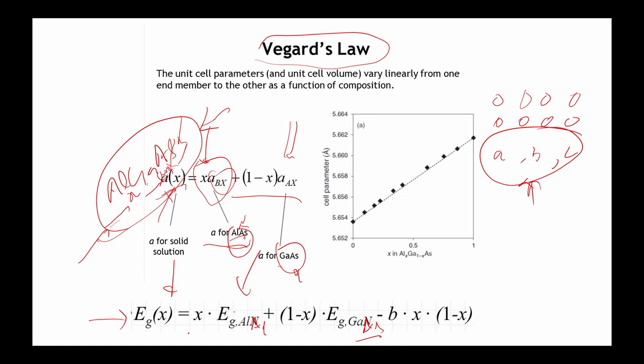It will be x times the band gap of aluminum arsenide, plus 1 minus x times the band gap of gallium arsenide, minus b times x times 1 minus x, which is the composition. Here b is what we call the bowing parameter.